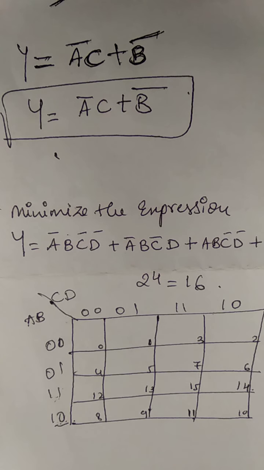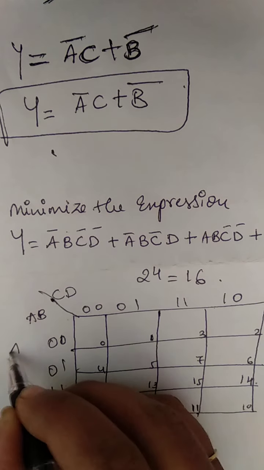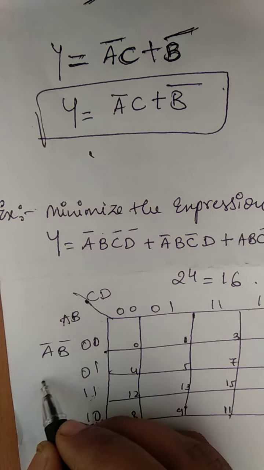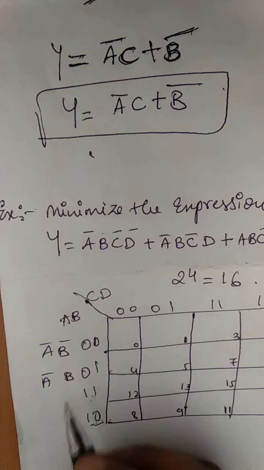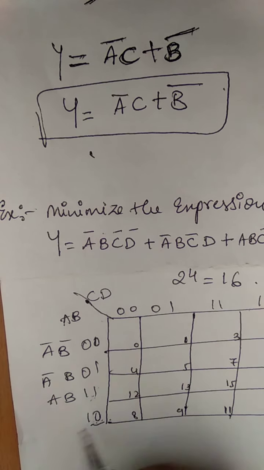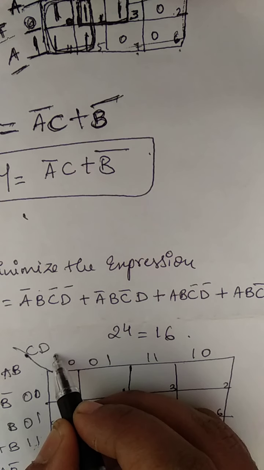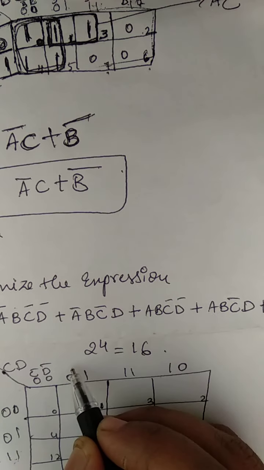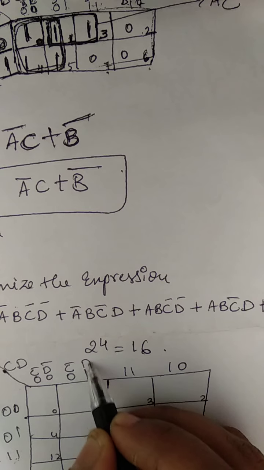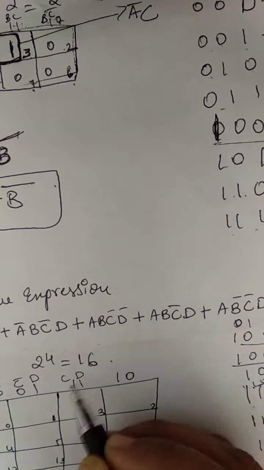First is A bar, B, C, D bar. First you write it. It is A bar, B bar, A bar, B, next AB, next A, B bar. C bar, D bar, C bar, D, then CD, then C, D bar.